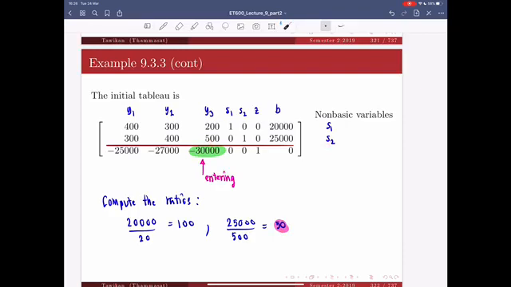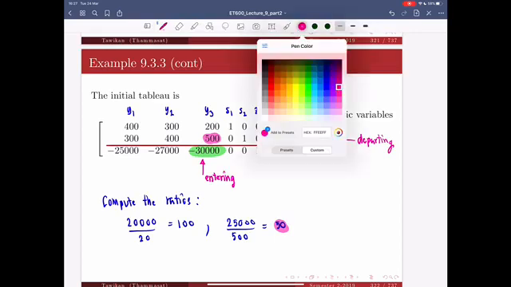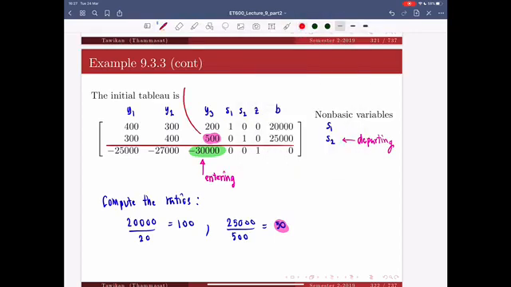So it means that my S2 is going to be the departing variable. I'll put a note over here saying that S2 is departing. And this guy is going to be the pivot element.